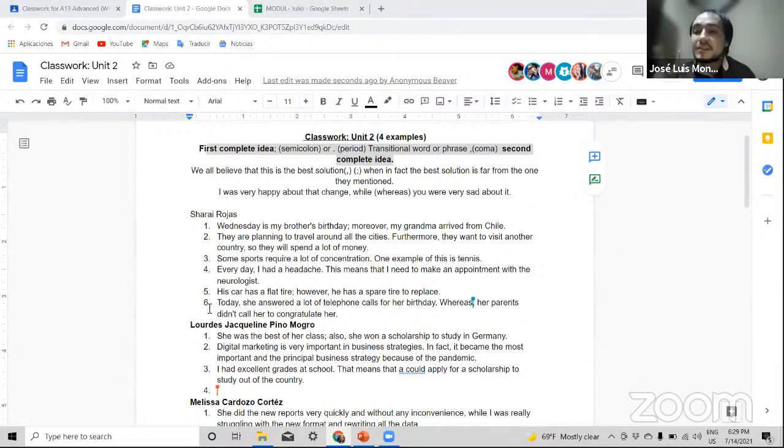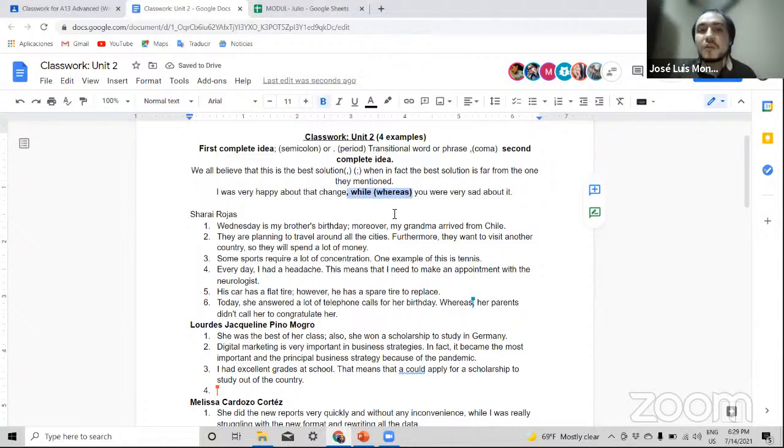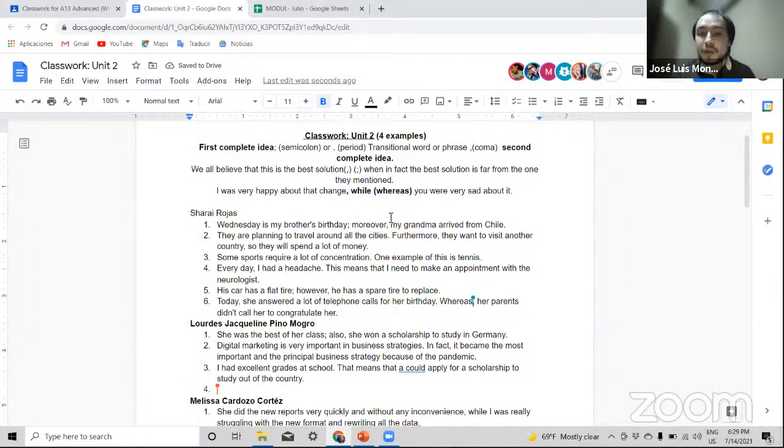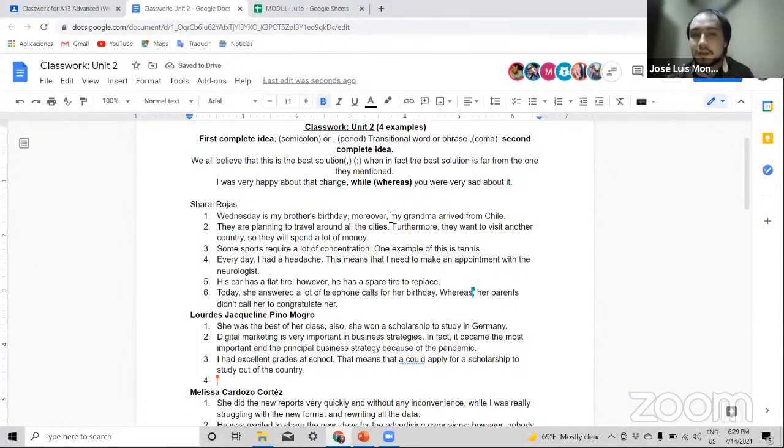Good, very good. Only one thing in the second sentence, as you see there, Shadai: whereas was a word in red. It means that the punctuation rule is different. Take a look at this example over here. This is the punctuation rule that we use for whereas. It's going to be the same as for while. We only need a comma to use whereas. If we use a period, it's going to be too much for this subordinating conjunction.